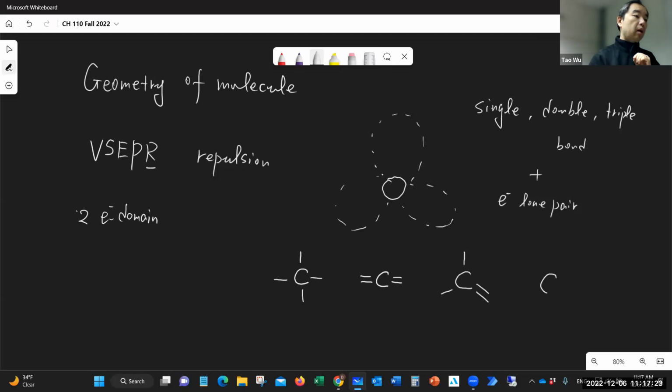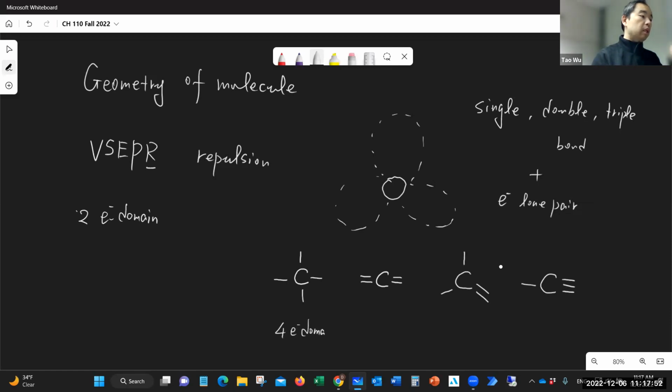The carbon can also have 1 single bond and 1 triple bond, and in this case this carbon will have 2 electron domains. Triple bonds also count as 1 electron domain, okay? So double bonds, single bonds, and triple bonds all count as one electron domain. So this guy has 4 electron domains.